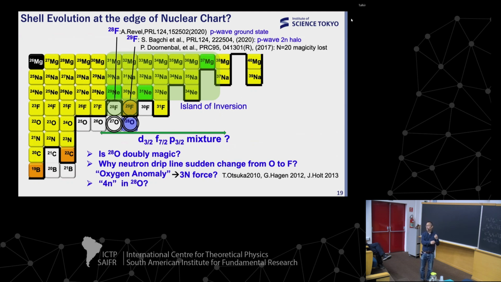If you measure, for instance, the first excited state of oxygen-24, it's rather high, 3 MeV, I think 4 MeV or something. So this is doubly magic. In that sense, oxygen-28 has an oxygen-24 core, a very tight core, surrounded by 4 neutrons. So the 4 neutrons may be correlated in oxygen-28.